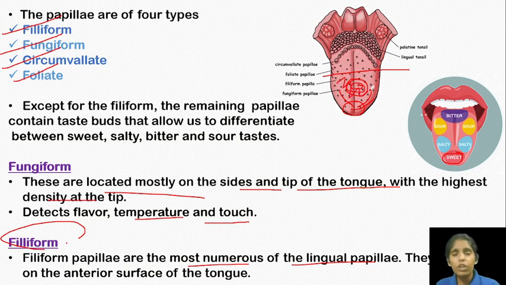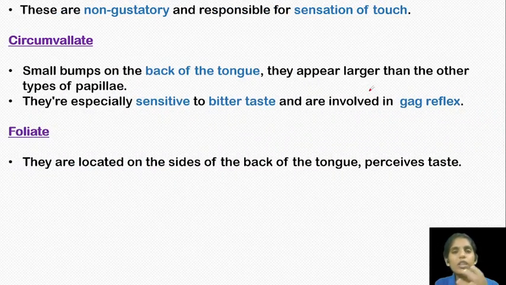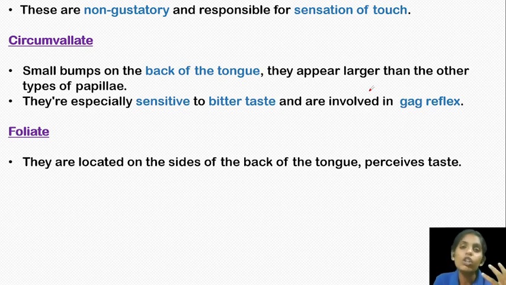In the anterior surface, the filiform papillae are present, and their function is to sense touch. I have told you earlier, the filiform papillae do not have the ability to sense the flavor of the food. They only have the power to sense touch.